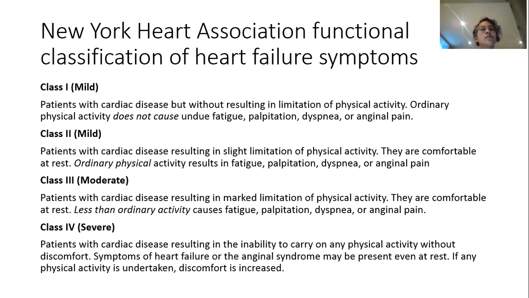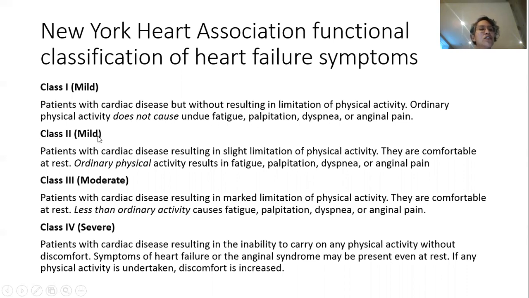Ordinary physical activity does not cause undue fatigue, palpitations, dyspnea, or anginal pain. So they do have a diagnosis of heart failure, but they're coping.